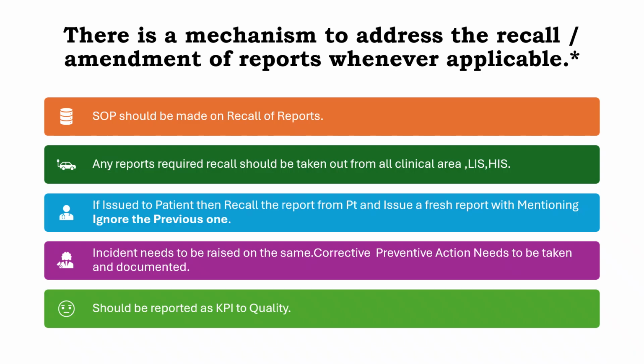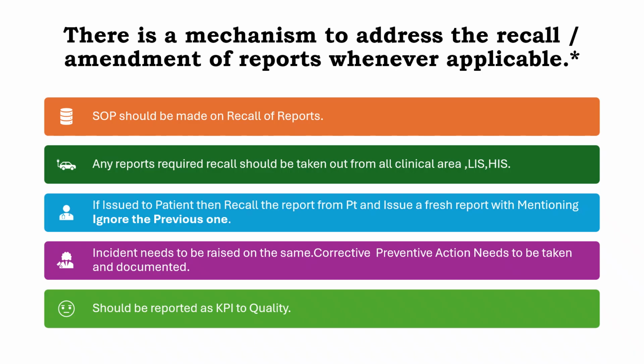Wherever you are recalling a report, you should call back from all the areas where you have dispensed the report, including the patient. If you have already dispatched it to the patient, they should be called to return that record and take the new report. And if you have already dispatched it to any clinical area, the ward, the emergency, or OT, then that should be recalled and you have to rectify everything.